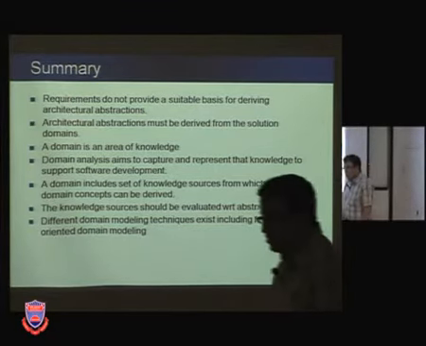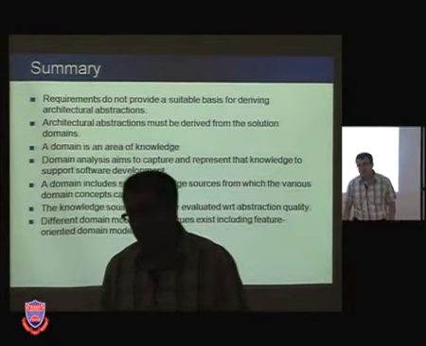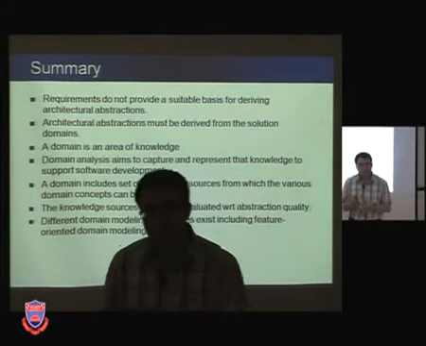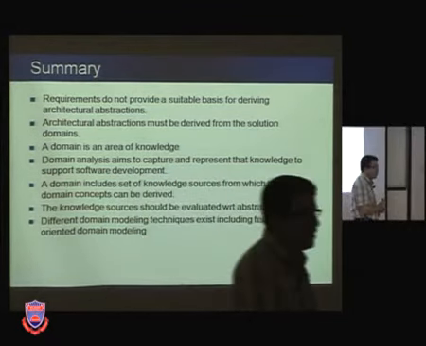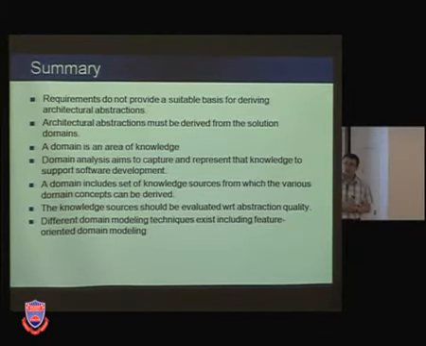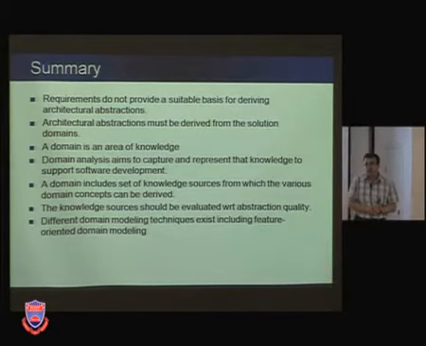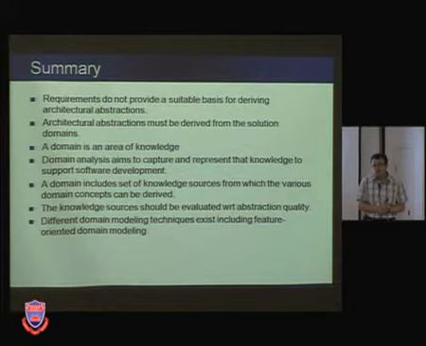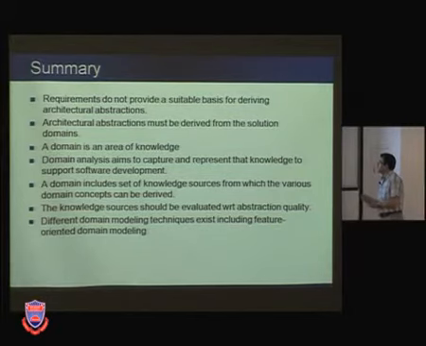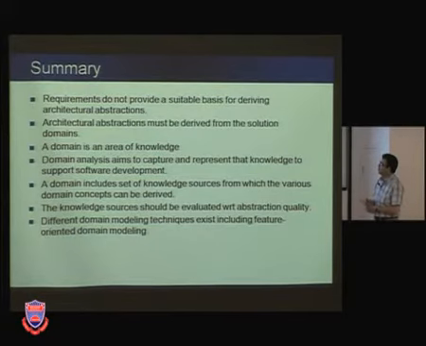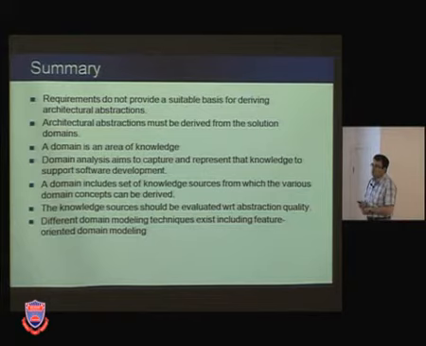So what did we say? Instead, after the requirements, don't try to define the architecture directly, but first try to understand the domain of the system that you are going to develop. So the issue here is that architectural abstractions, the elements, should be derived from the solution domains. What's a domain?